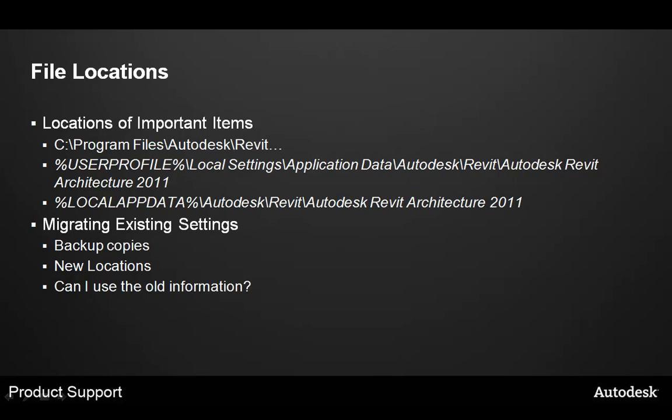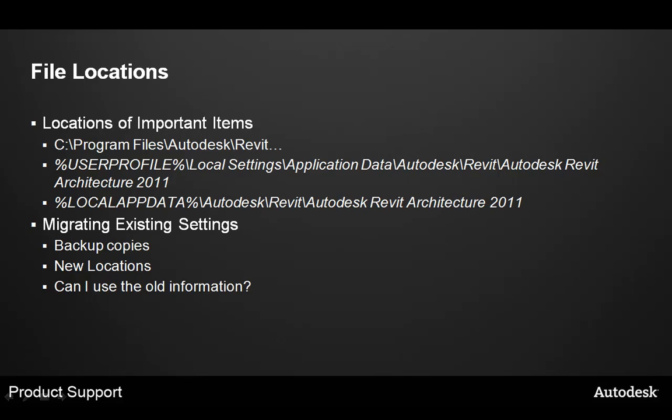In 2011, Revit has now standardized on typical Autodesk locations. The location for Revit will now be Program Files, Autodesk, and then the Revit product name.